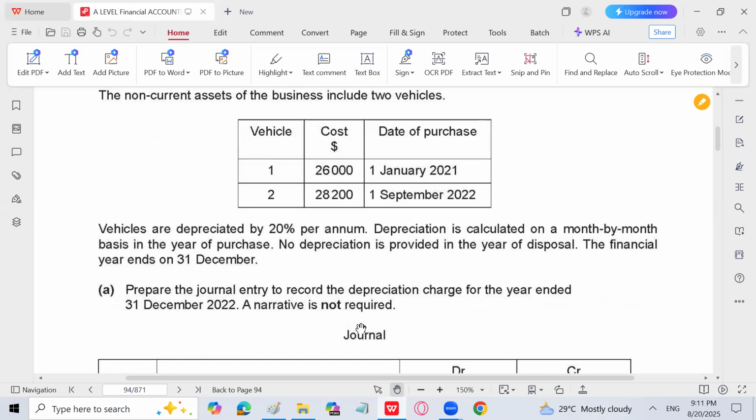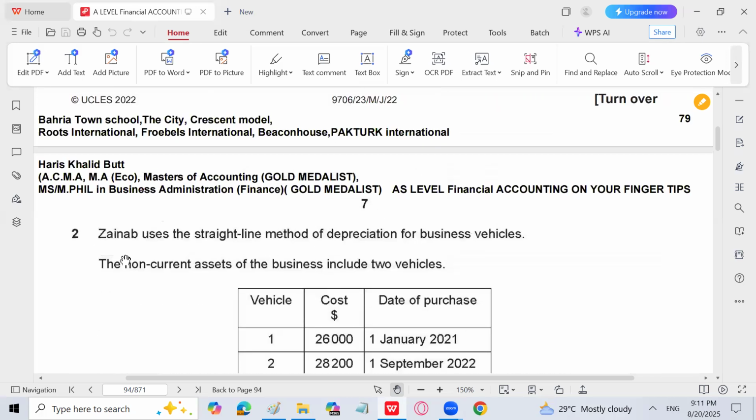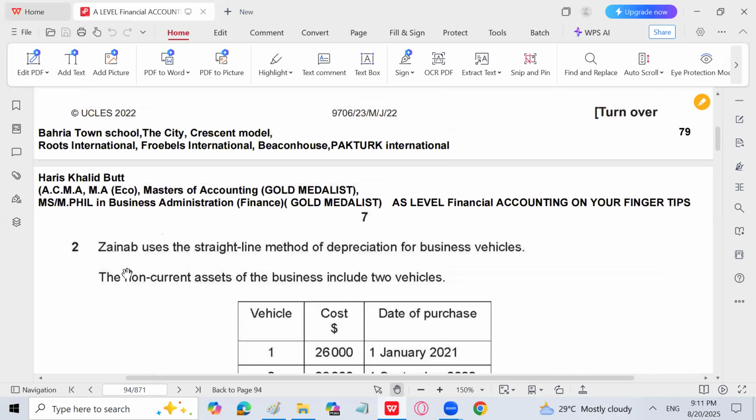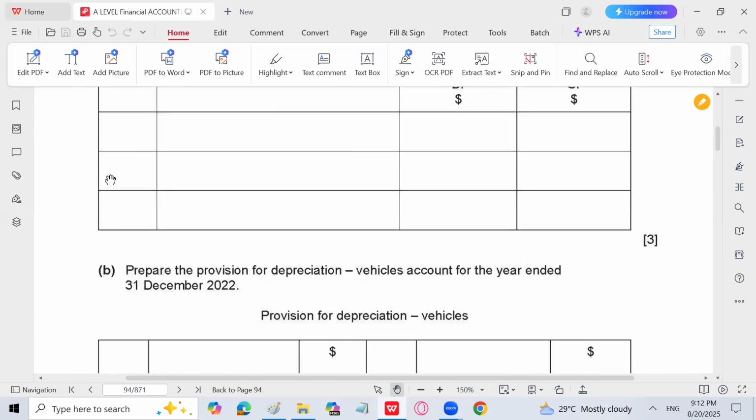Remember this: a journal entry for depreciation came back in 2014, and then it came in 2024. See, 10 years.